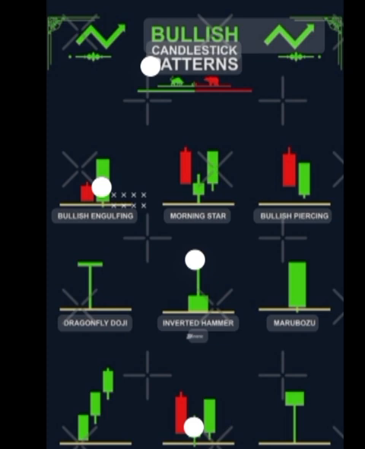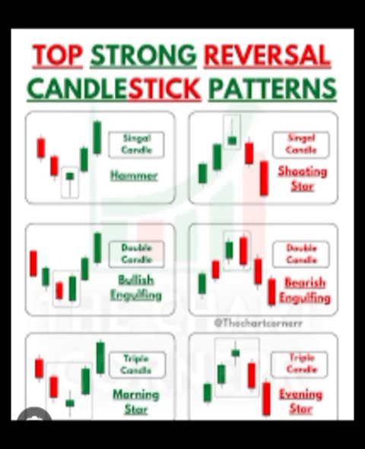Also now there are evening stars, which is an inverse of the morning stars, and you have three bearish soldiers, which are also three consecutive bearish trends. So these are clear examples of the chart pattern which I just mentioned. So you have one of the greatest strong chart patterns that we already explained earlier.